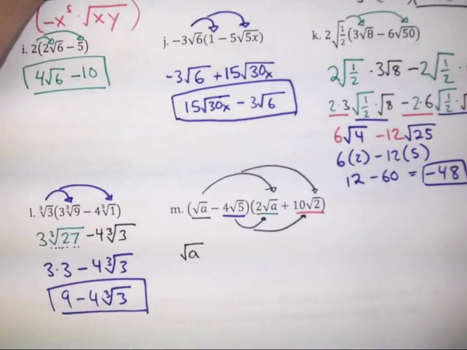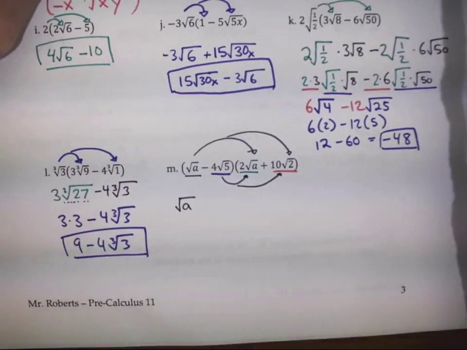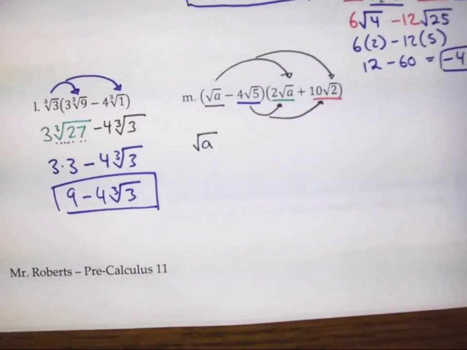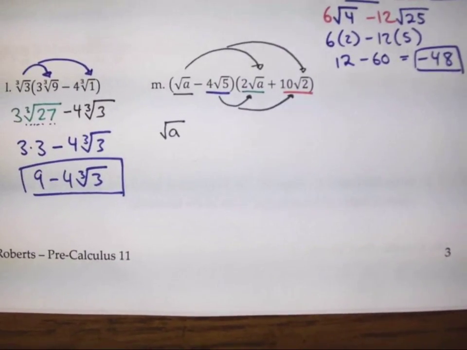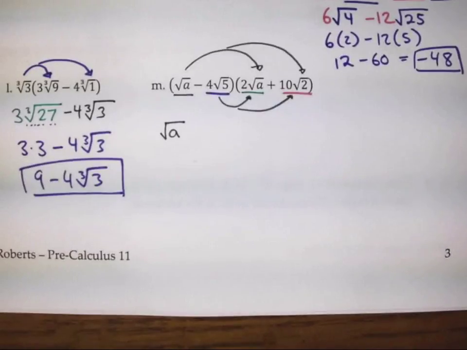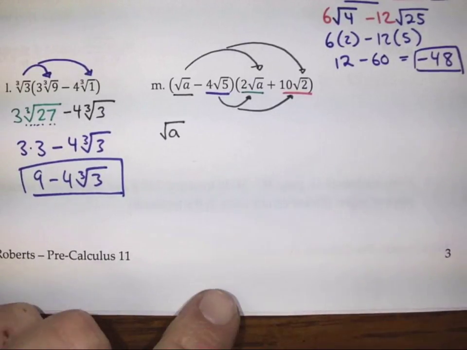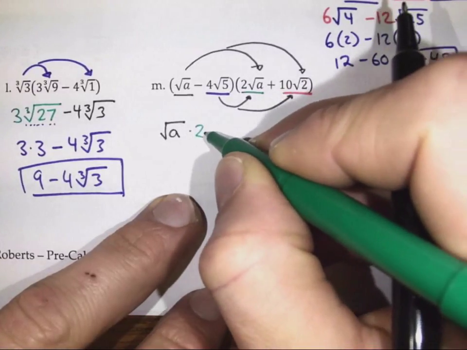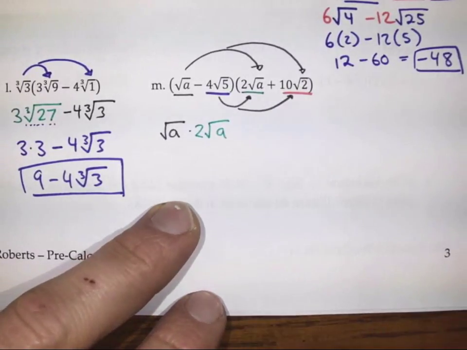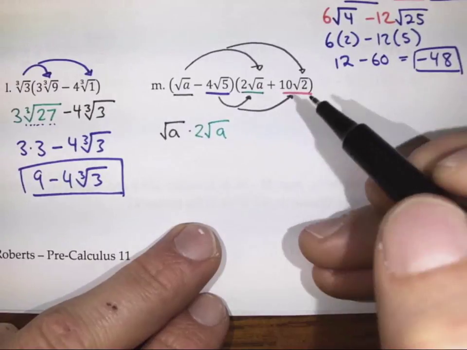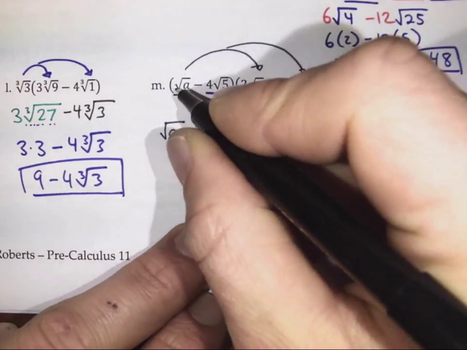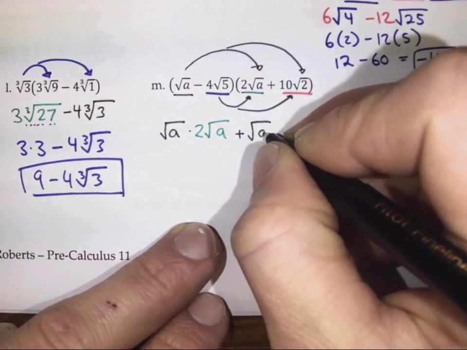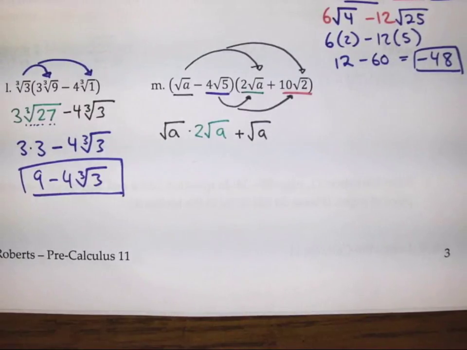So maybe I can just adjust this. Okay. So I just want to help you follow along with these. Hopefully these colors will help. So the root A here is going to get multiplied by 2 root A. And then the outside term, so I'm going to multiply root A by 10 root 2.